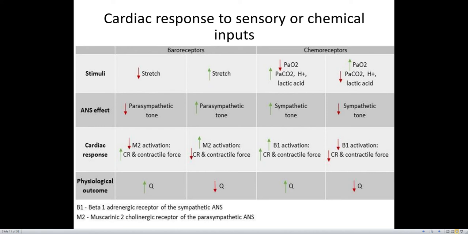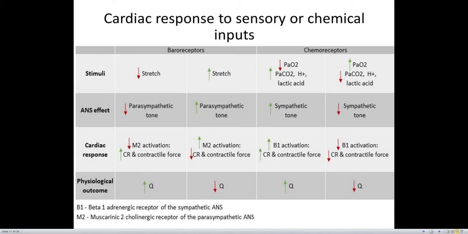The outcome of this will be an increase in cardiac rate and an increase in contractile force, ultimately increasing cardiac output. If, on the other hand, that stretch is increased, then there's going to be an increase in parasympathetic tone, an increase in muscarinic 2 activation, decreasing cardiac rate and contractile force, and therefore decreasing cardiac output.